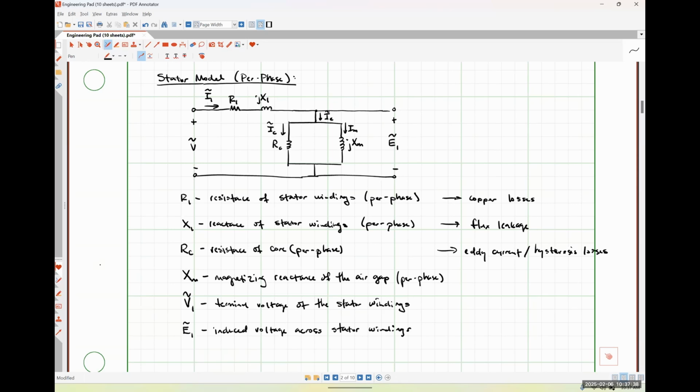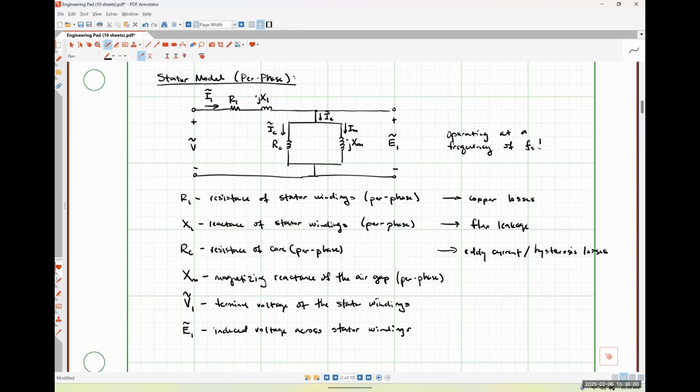For what it's worth, this stator model is operating at a frequency of f_s, okay?